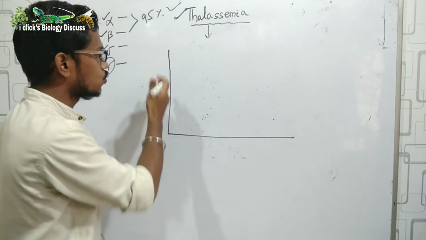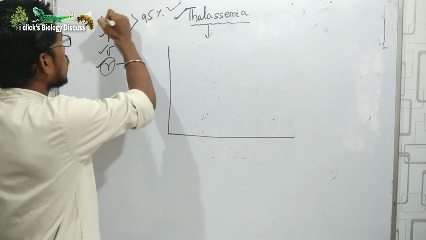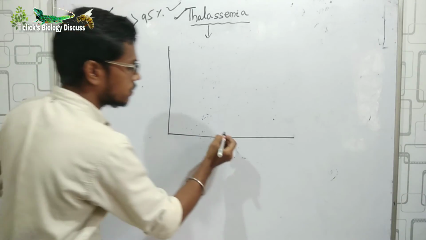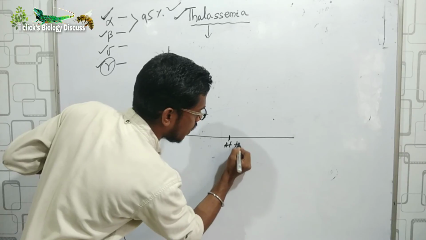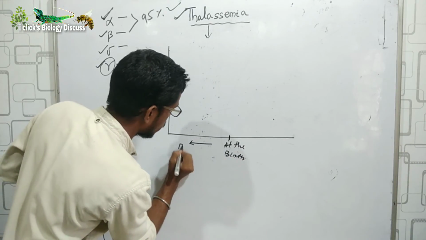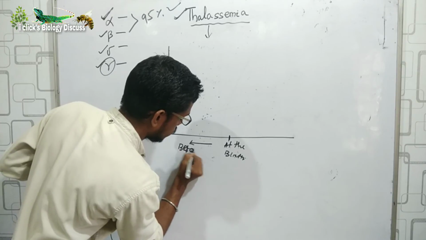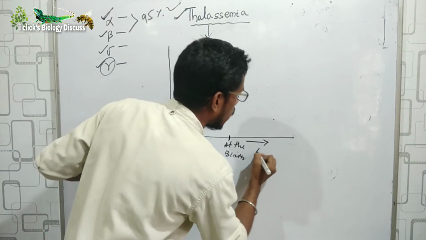This is 2 axes, one x and another the y. Suppose this is the time of birth, or at the birth. This is before birth, and this is after birth.